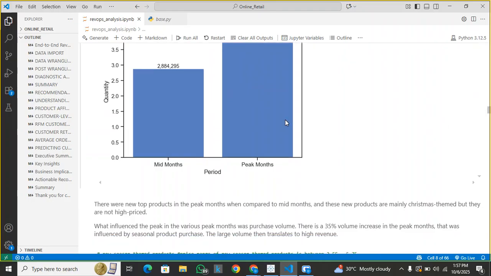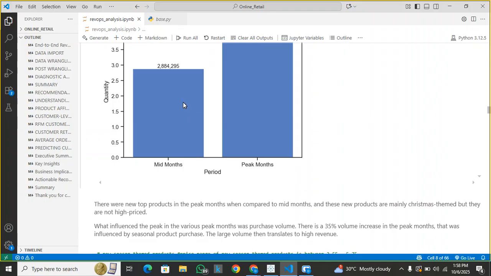So this means that yes, the revenue spike was product led, and most of these products, of course, are mid to low price products, and that's where volume comes in.